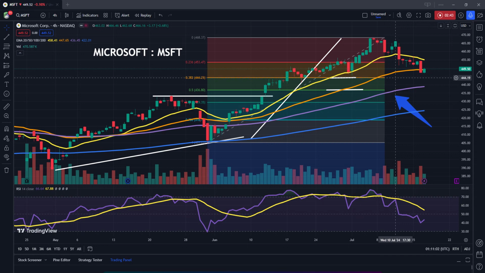So, the next level to the downside that I would really be watching comes in at 444.25. This would be the 38.2% Fibonacci retracement of this broader move. We do have a little bit of a historical support zone here. If we're looking at the July 1st lows, these lows came in at just above 445, so they don't quite exactly match up.